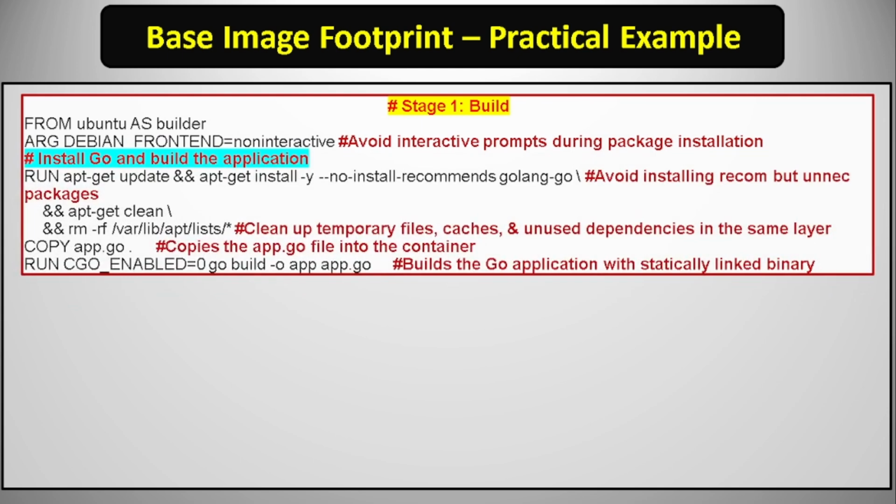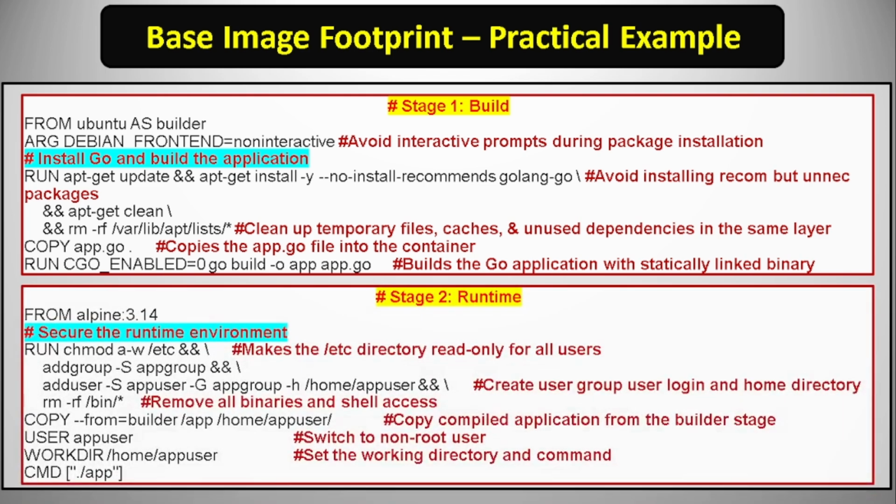Now, after understanding the Dockerfile instructions and best practices, let's combine all the knowledge together and make a secure Dockerfile. As you can see on the screen, it is a multi-stage build. The first stage uses Ubuntu to install dependencies and compile the Go application. The second stage uses Alpine, a lightweight base image, for the runtime environment.